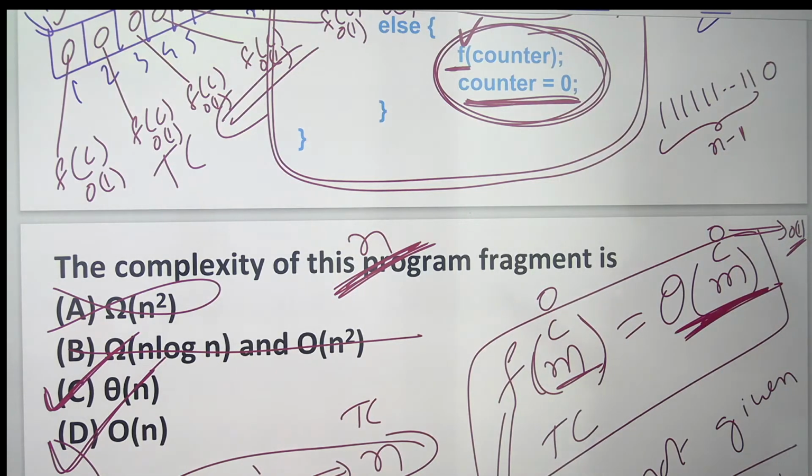This will give n minus 1. One more n minus 1, which will go to 2n. Which will go to 2n minus 2. Forget about constant. It will also become n.